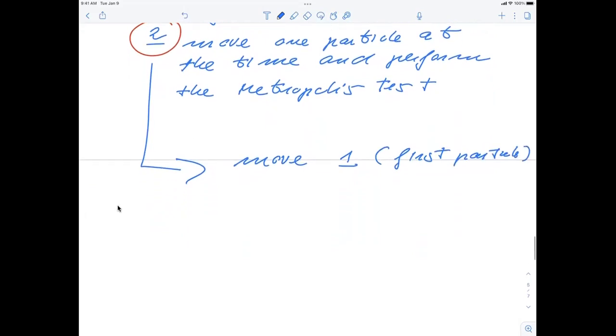The only thing which changes is that we have R1 in a new position, and then phi 1 squared, divided by phi 1 squared in the old position, but all the other ones are the same, so they cancel out.